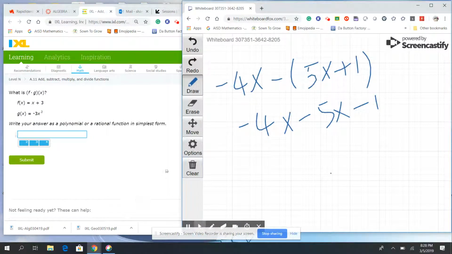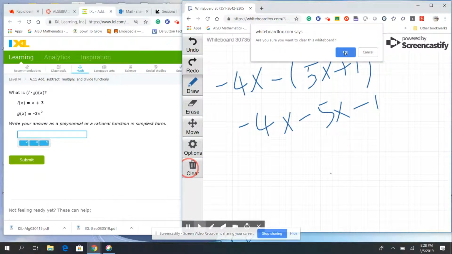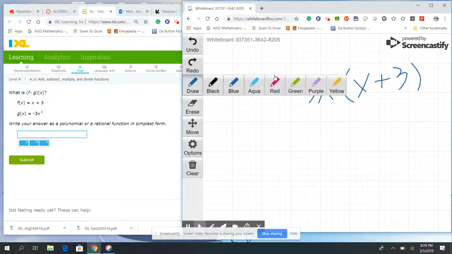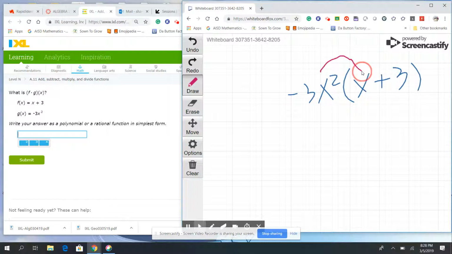Okay, so let's see, the next one is a multiplication. Remember, if there's a point here, it represents multiplication. I'm just going to write the g of x in front, because multiplication you can do either way you like, right? Because it's the same. So you multiply negative 3x squared times x, and then negative 3x times 3.